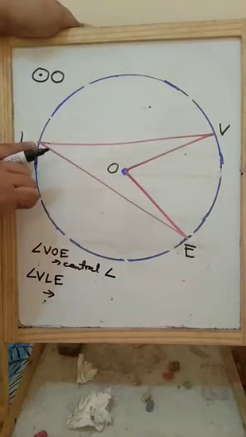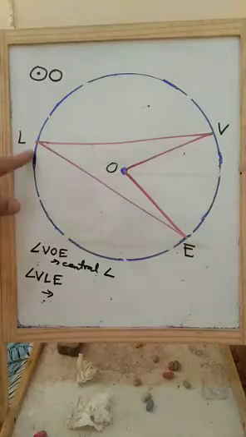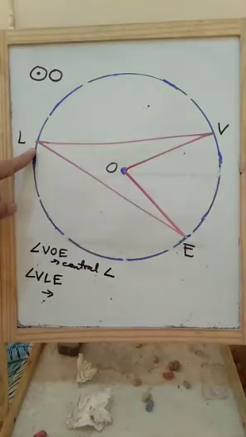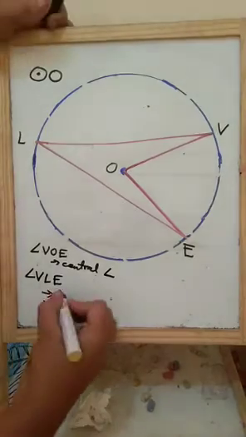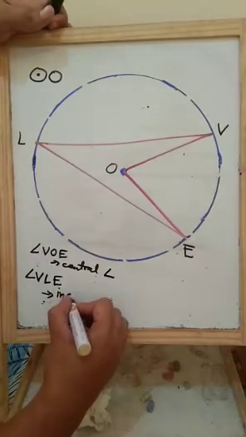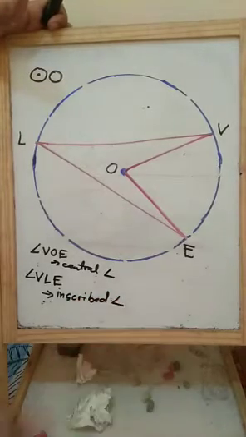Now, for this particular example here, your vertex is at point L, which is a part of this particular circle O. So, this is what you call an inscribed angle.